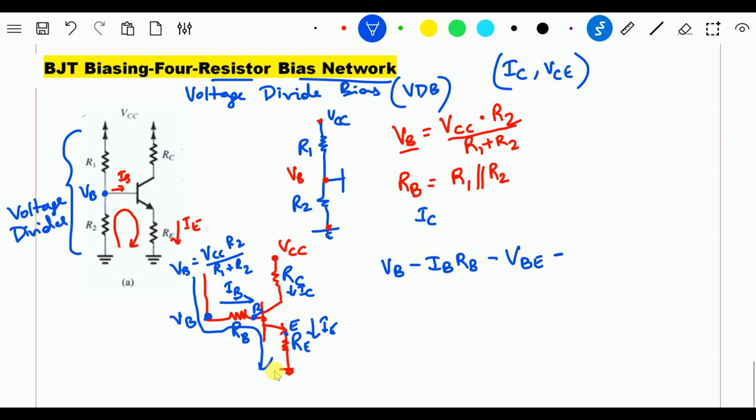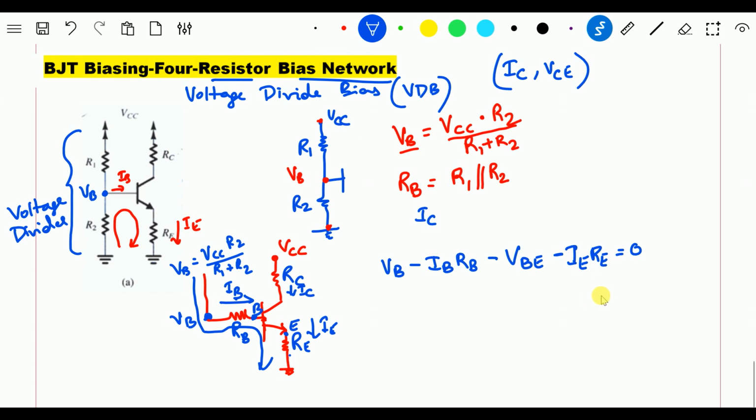Minus, you also have a resistor RE here, so that is IE multiplied by RE. We are writing KVL, so all should be voltage terms, equals 0. So it is VB minus IB RB minus VBE minus IE RE equals 0.